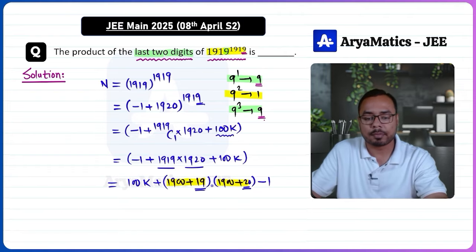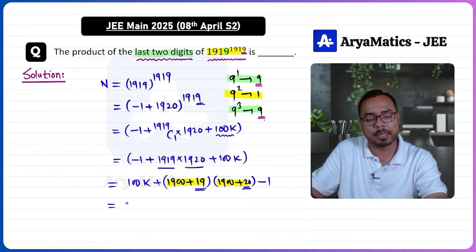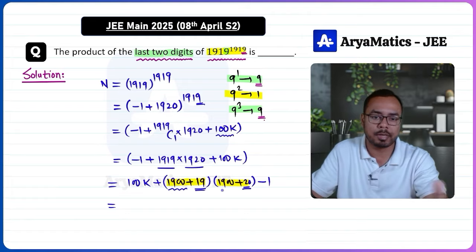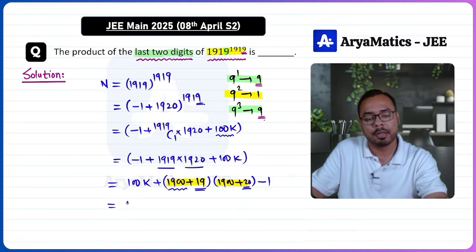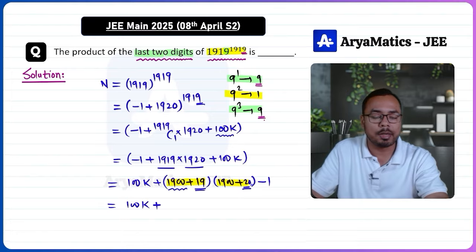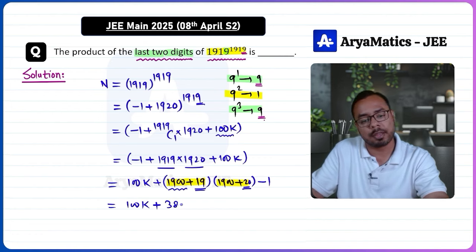So in fact, you can combine this and say that we have 100k and all of these numbers, for example 1900 into 1900, which is a multiple of 100. 1900 into 20, that is also a multiple of 100. So all of these numbers will be multiples of 100. 19 into 20 will be 380, and 380 minus 1, so we have 379.